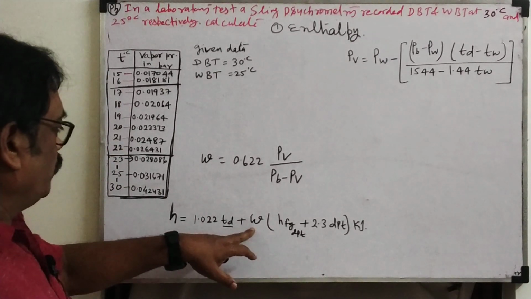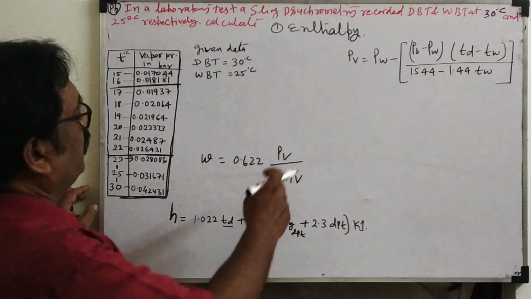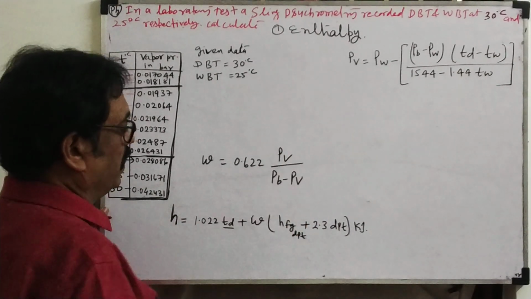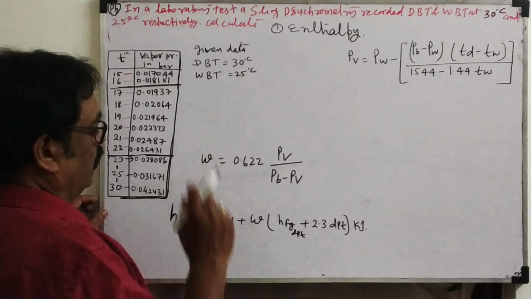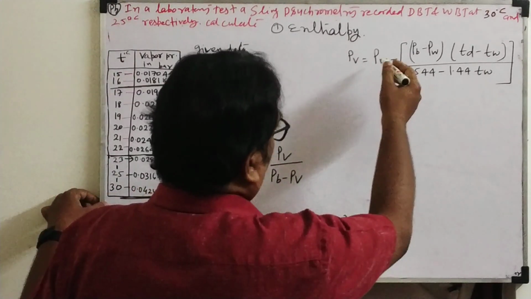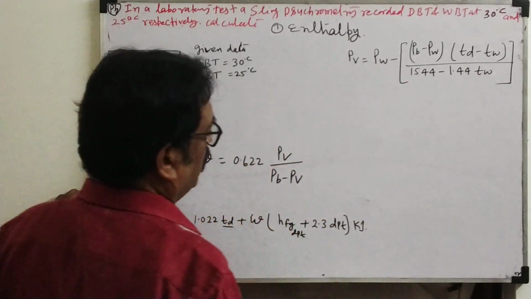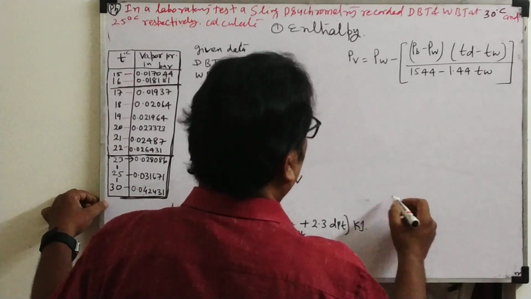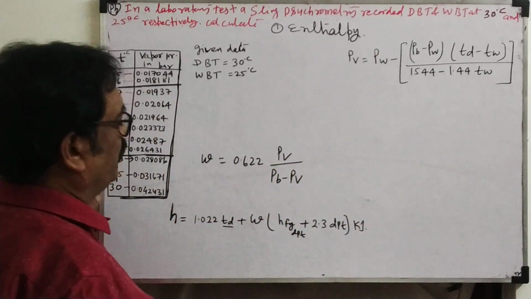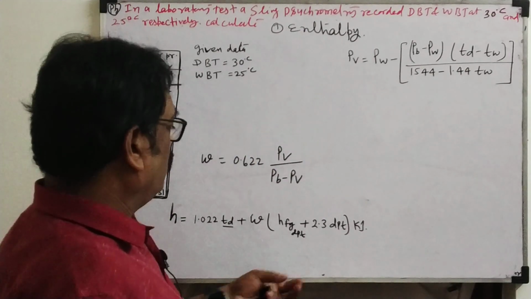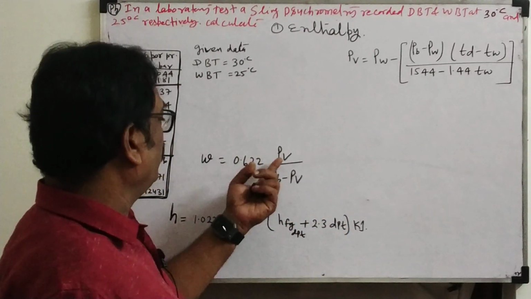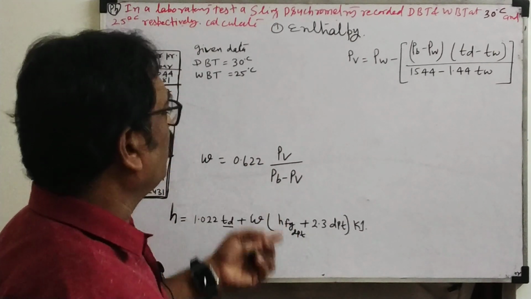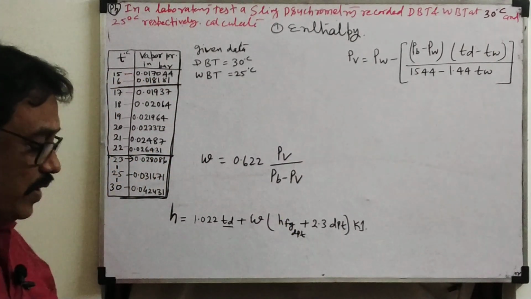So for this we need the PV value and the barometric pressure. For the dew point temperature we also need PV. For specific humidity we need PV and PB. If these unknowns are known, we can calculate the enthalpy.